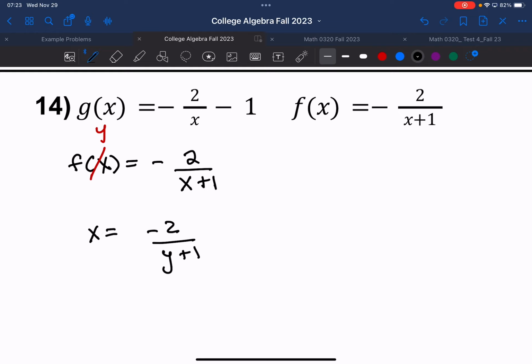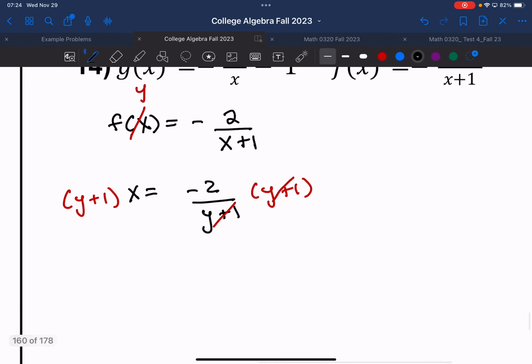So this was that idea we were talking about earlier where we had the variable in the denominator. What would be our first step to get that variable out of the denominator? Good, multiply both sides by what? Y plus 1. Perfect. And that's going to cancel out this denominator. We now have y plus 1 times x is equal to negative 2.